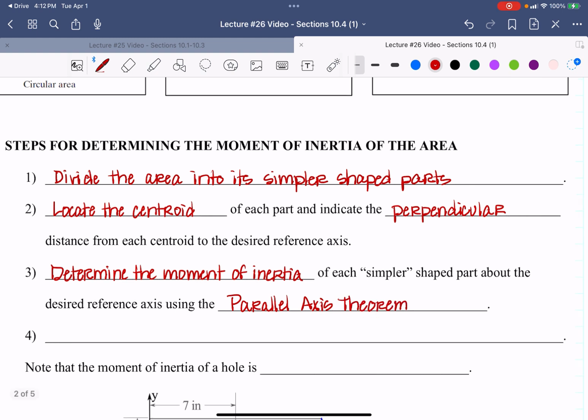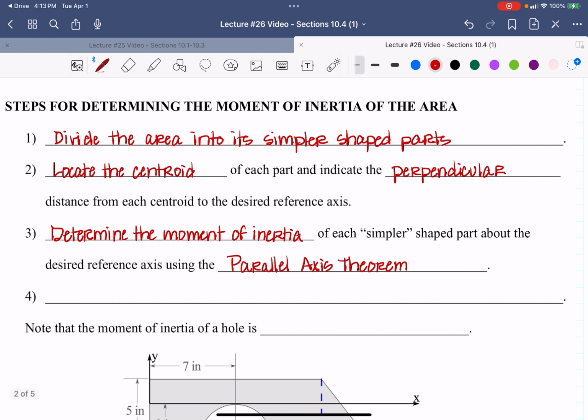The last thing we're going to do is take all that information and perform an algebraic summation.